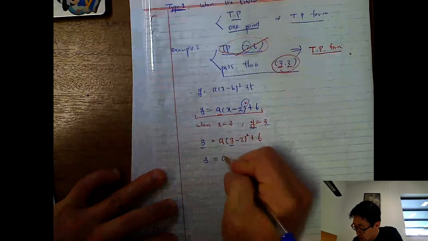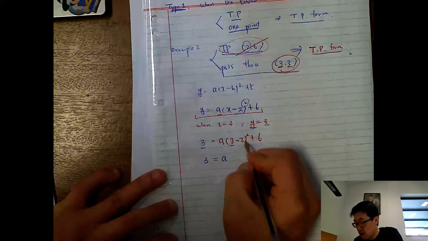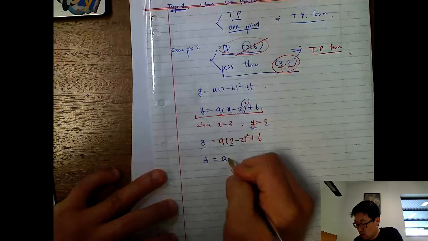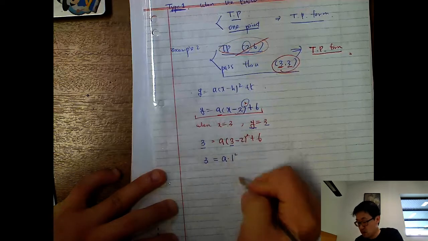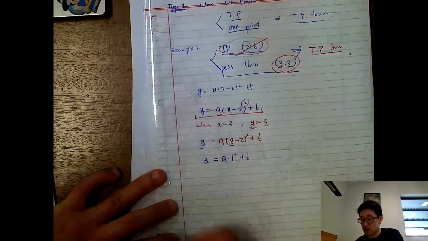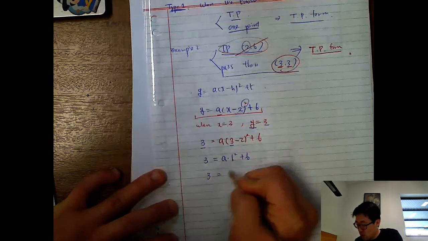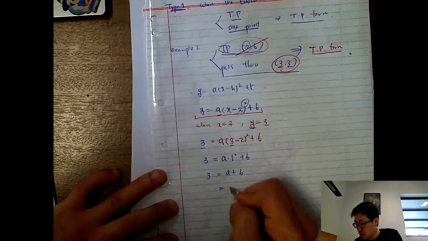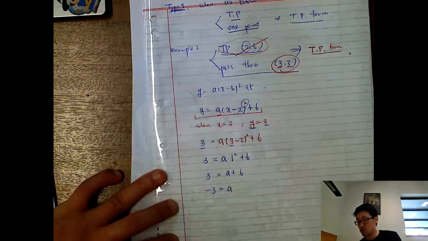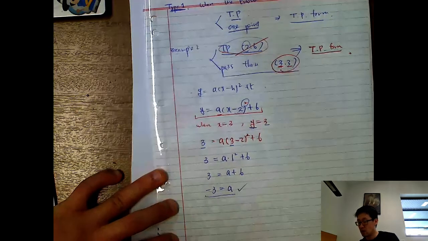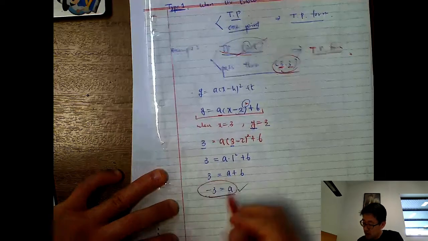3 equals a, what is 3 minus 2? 1. 1 times squared. Make sure you do the square first, plus 6. 3 equals 1 times 1, 1a plus 6. So a is minus 3. Therefore, a is minus 3.